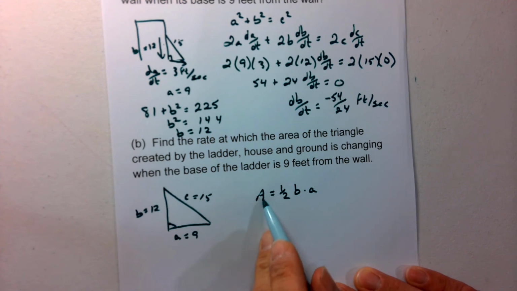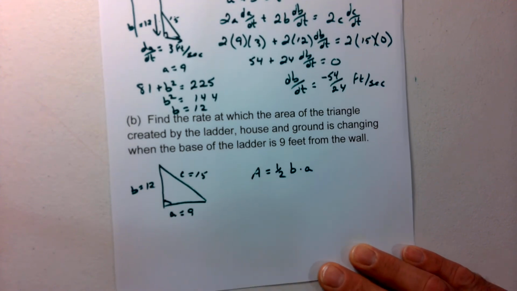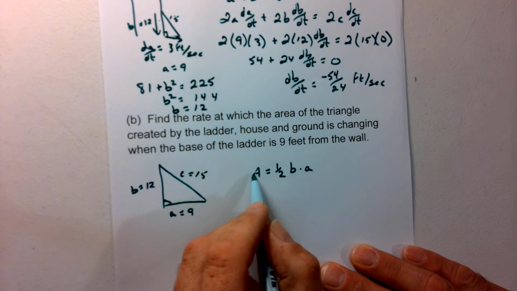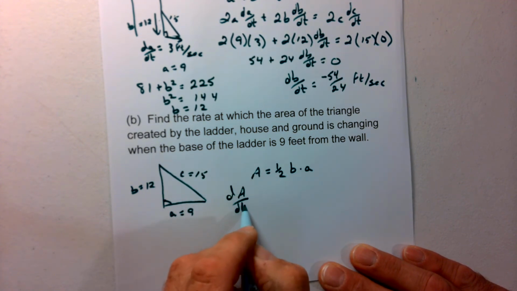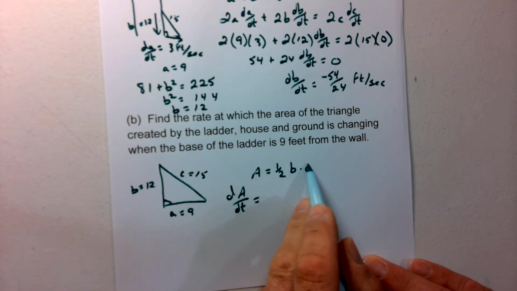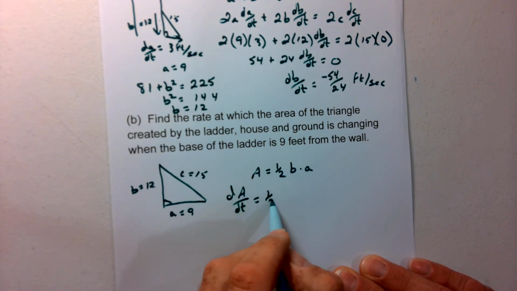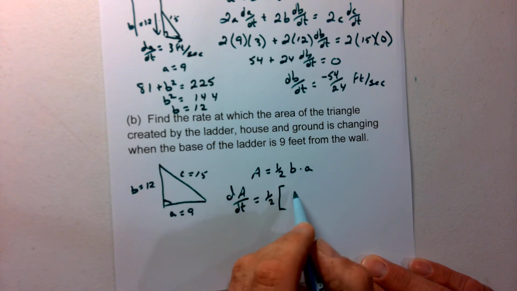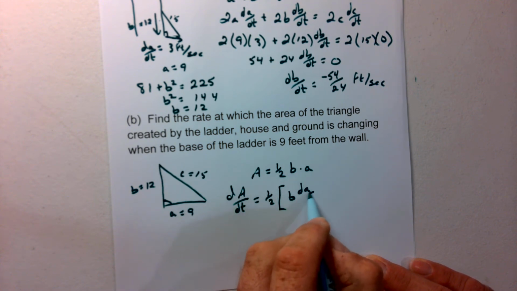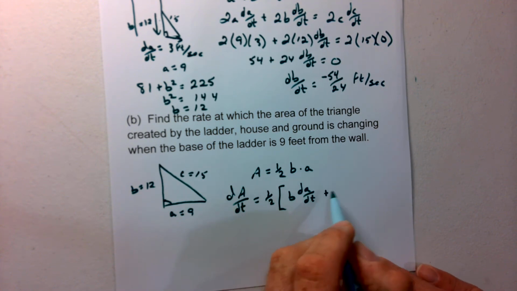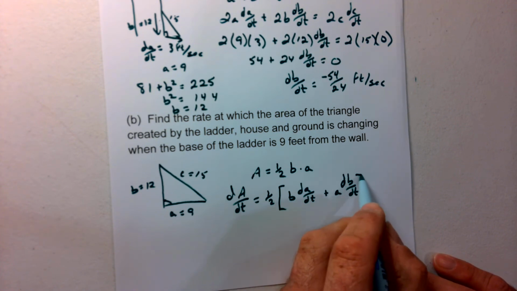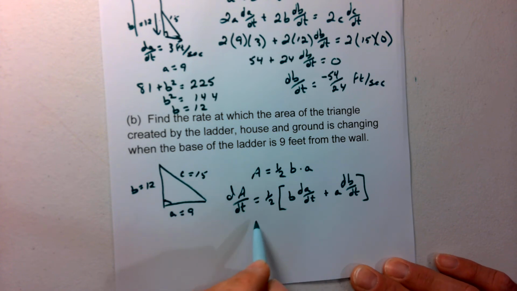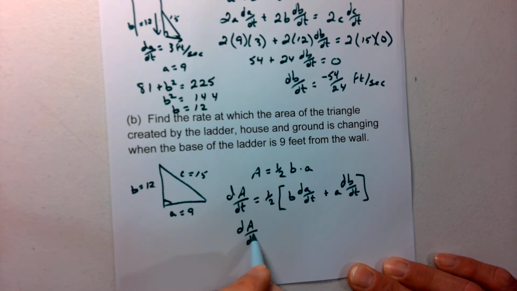I use a capital A for area and little a for my side length. So we can go ahead and find the relationship between the rates. So dA/dt is going to equal, well, here we have b times a, so we have a product rule. Product rule between b and a, we have b d(little a)/dt plus a dB/dt, sorry. So we want to know how fast the area is changing, so we're looking for dA/dt.